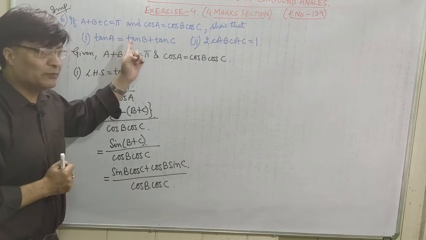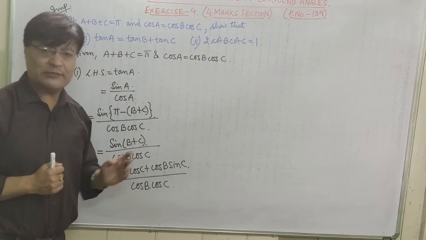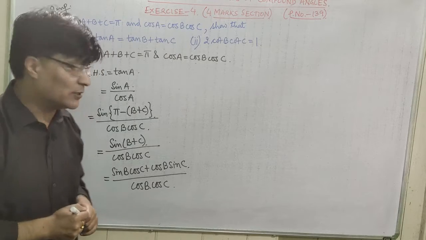Now since you have to prove the right hand side as tan b plus tan c, let us separate this fraction. We can separate this fraction, isn't it?